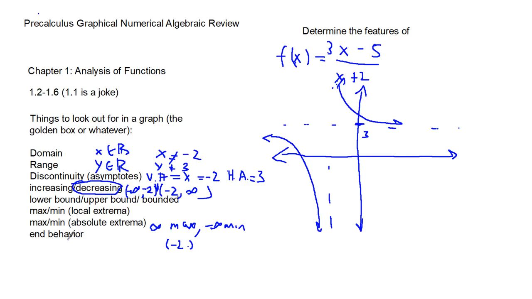So the end behavior is, well, they all go flat to 3 because 3 is the horizontal asymptote, so they level off to 3. So end behavior is: limit as x approaches infinity is 3, and limit as x approaches negative infinity is 3 as well, right?